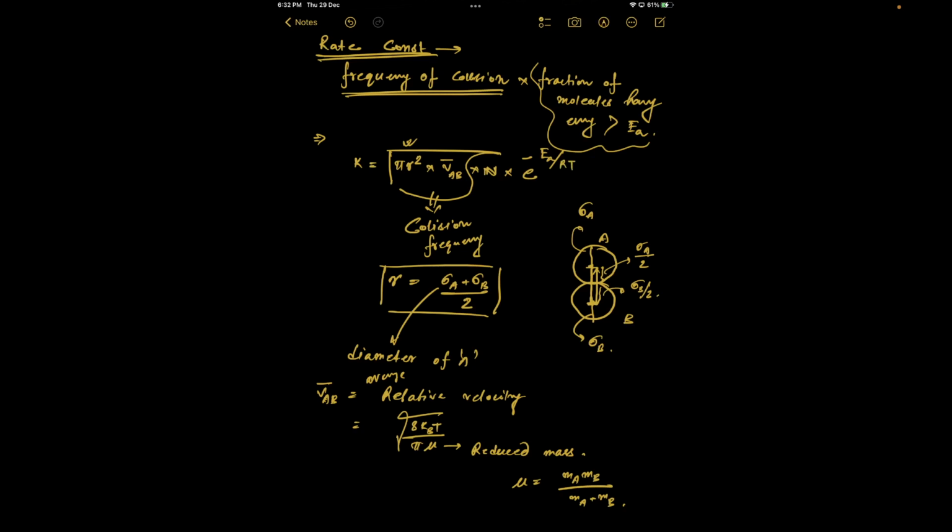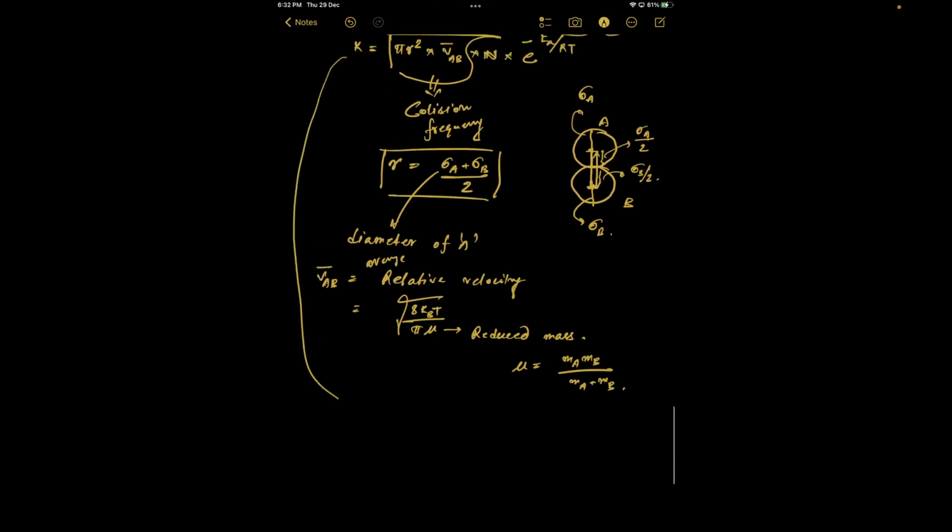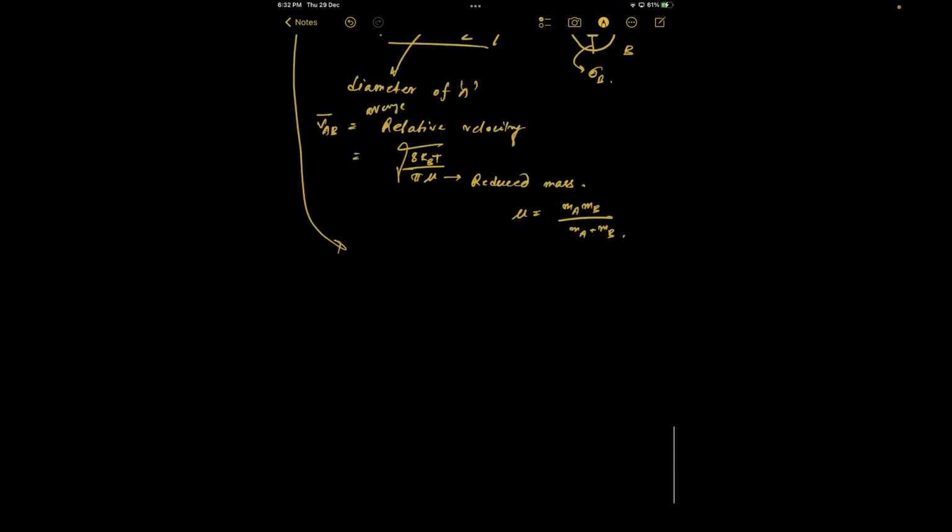Okay, now let's write it down clearly. From collision theory, the rate constant k will be equal to pi r square times average relative velocity times Avogadro number times exponential minus Ea divided by RT.